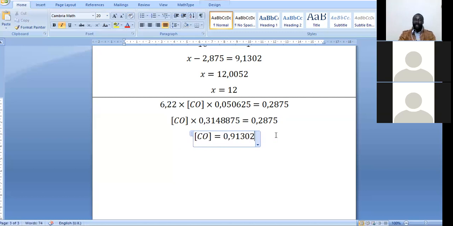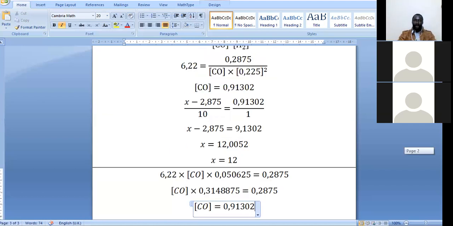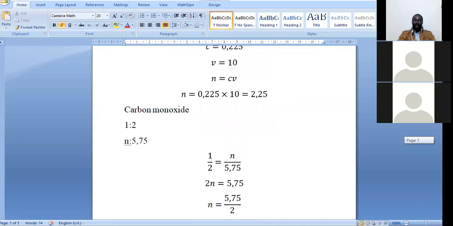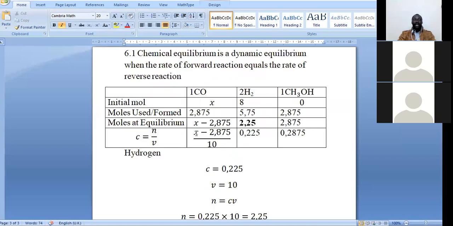So after finding the concentration of carbon monoxide as this value here, we now equate it to what we had on the table, because initially we had calculated from the table that the concentration of carbon monoxide is this. This is the concentration of carbon monoxide at equilibrium.